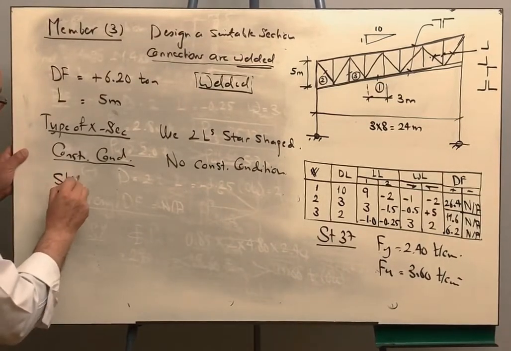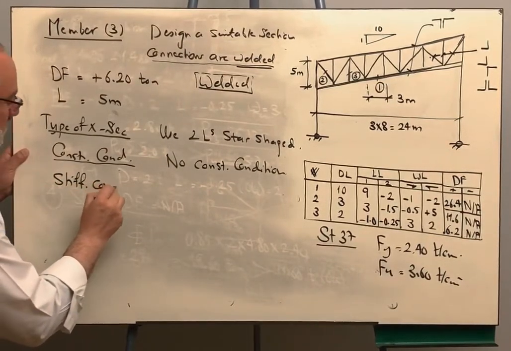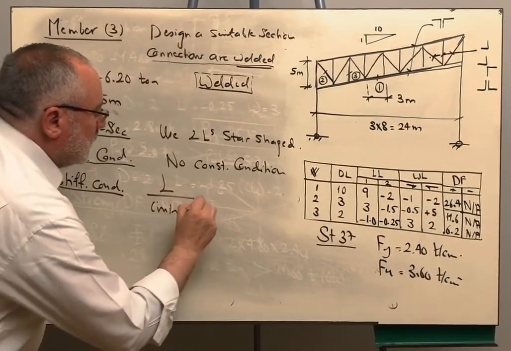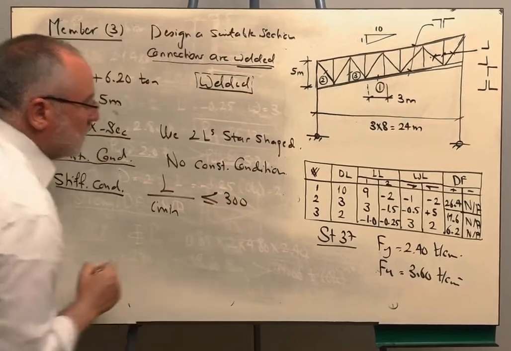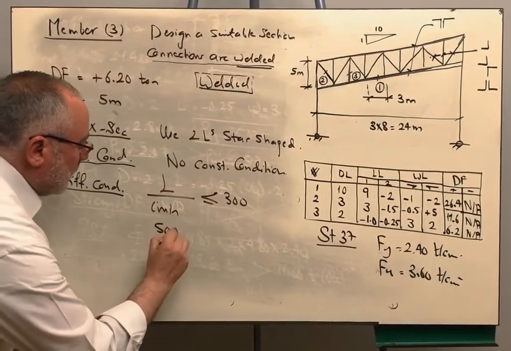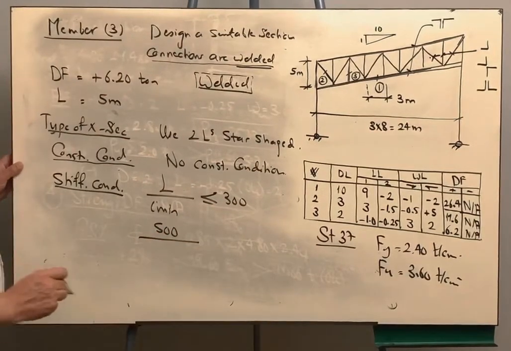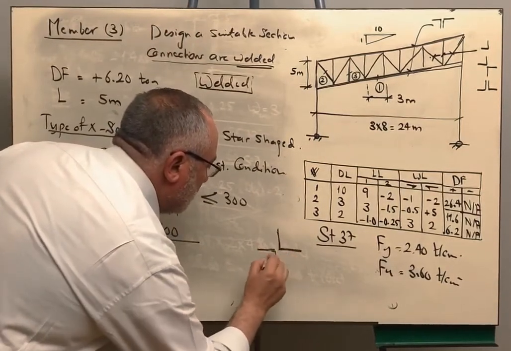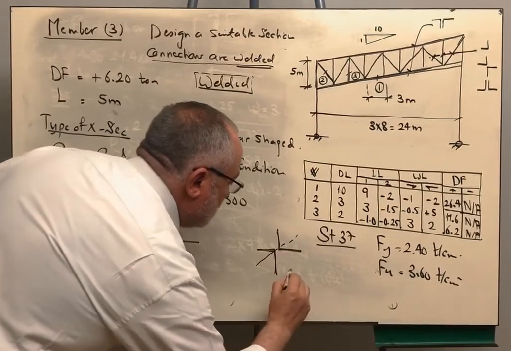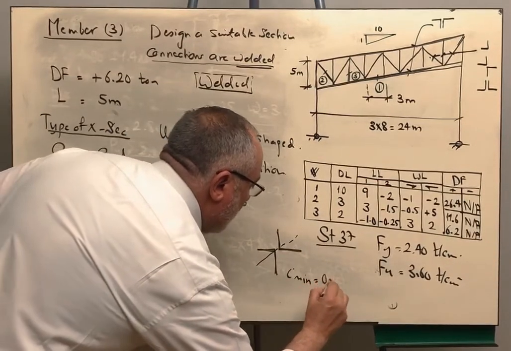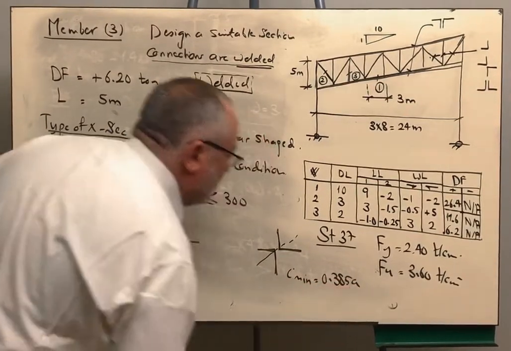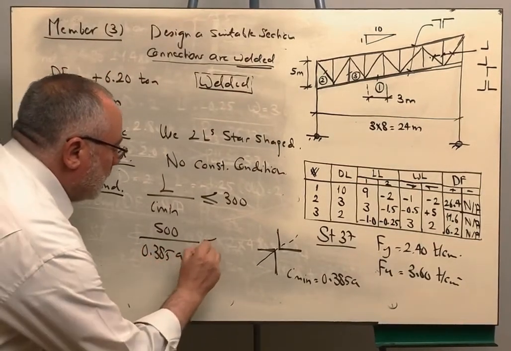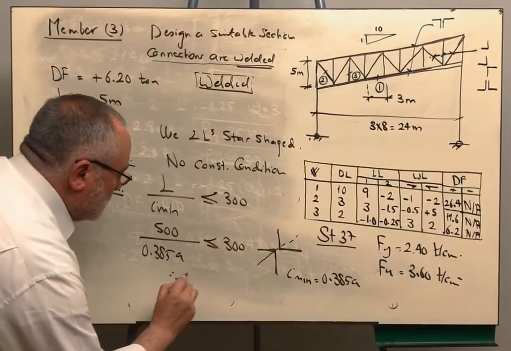For the stiffness, we are having L over i minimum is less or equal to 300. The length is 500 over i minimum. For the star shape, this axis is giving us the minimum inertia, and it is 0.385 of A. So this is 0.385 of A is less or equal to 300.